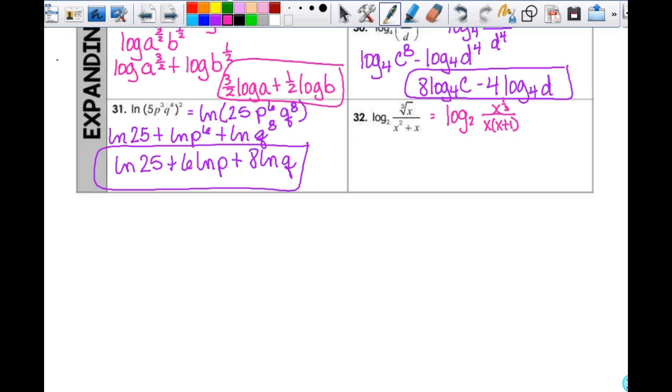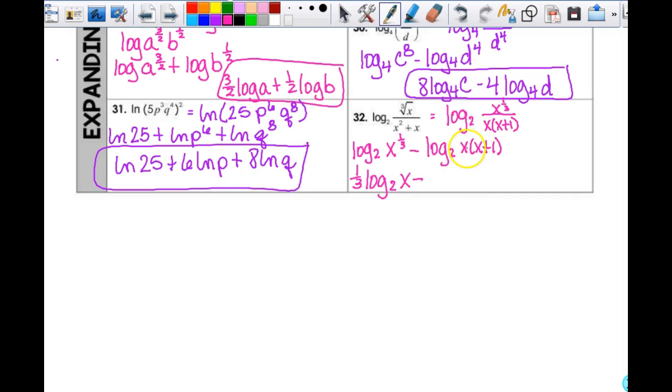So then I'm going to split this up using the quotient rule. This is going to give me log base 2 of x to the 1/3 minus log base 2 of x times x plus 1. So I can take this 1/3, put it out front, 1/3 log base 2 of x minus, can I do anything else over here?